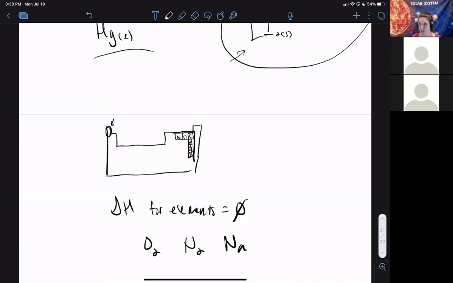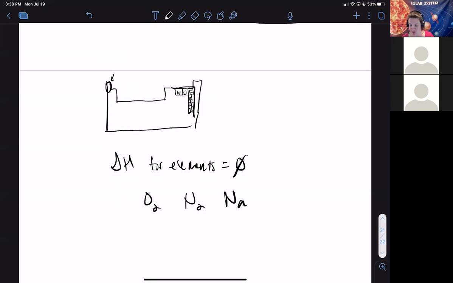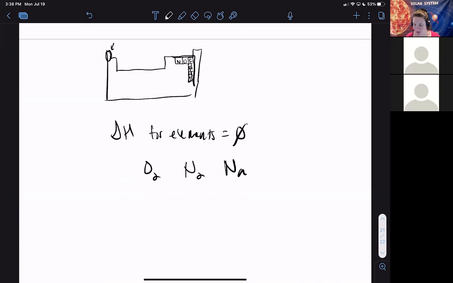You should have a general understanding that a single bond is going to be longer than a double bond, which is longer than a triple bond. So a triple bond is going to be the shortest. And then energetically, a single bond is going to be the least energetic, the easiest to break. A triple bond is going to be the most energetic, the hardest to break. So that's really all you need to know as far as bond enthalpy.